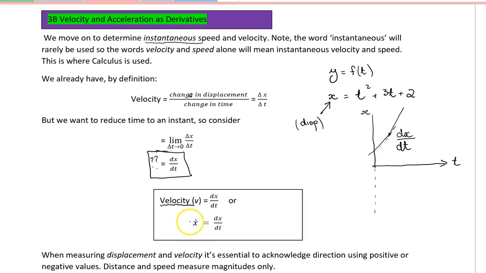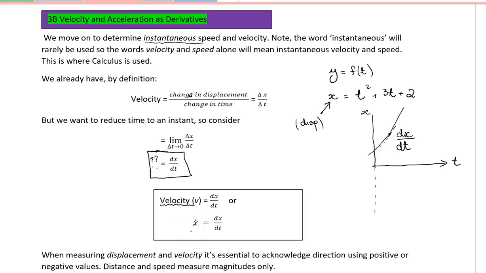You can probably understand we had different notations for derivative back when we were learning about derivatives, like a dot over the y, or a little dash. You might see that occasionally. A dot over the x means the first derivative of the x function, the x function meaning a function about displacement in terms of time.